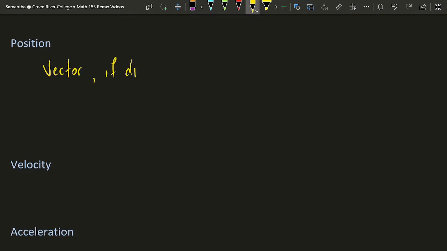if drawn with its tail at the origin, very literally points to the object's position.